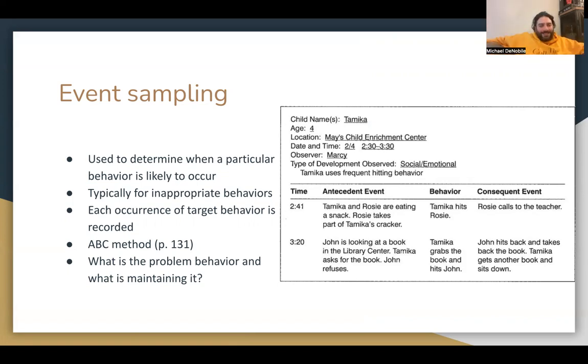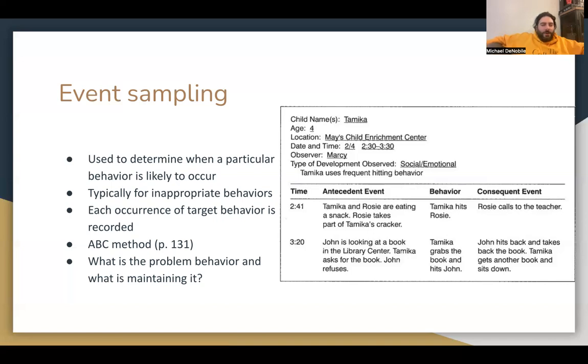So I will add a link to say what the ABC method is, but I'm assuming the ABC method is the antecedent event, the behavior, and the consequent event. That's the ABC method. It's right there. What is the problem behavior and what is maintaining it?